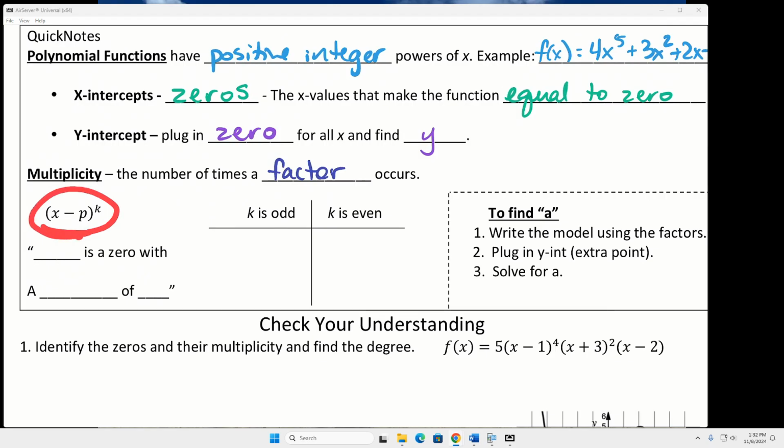So if we have, this is just a generic factor, you can imagine p being 3 or 5 or -2, lots of different things. And then k tells you how many times that factor is multiplied by itself. So in this generic form, p is going to be the 0, and it would have a multiplicity of k.